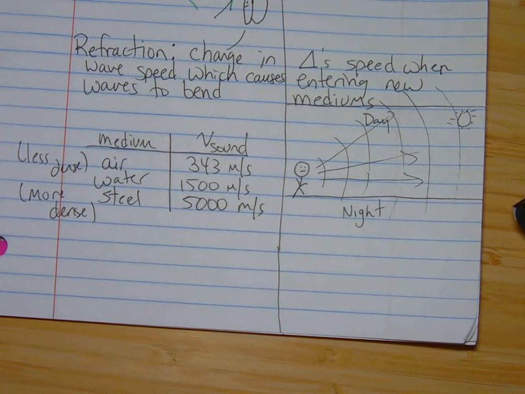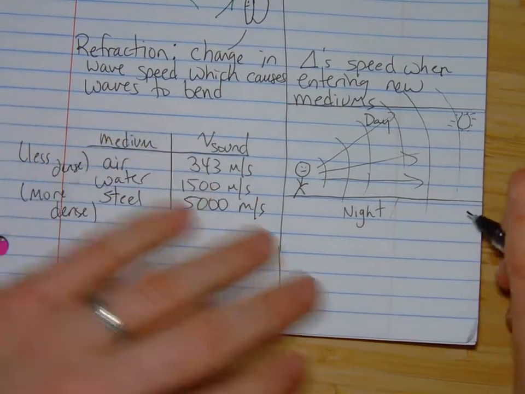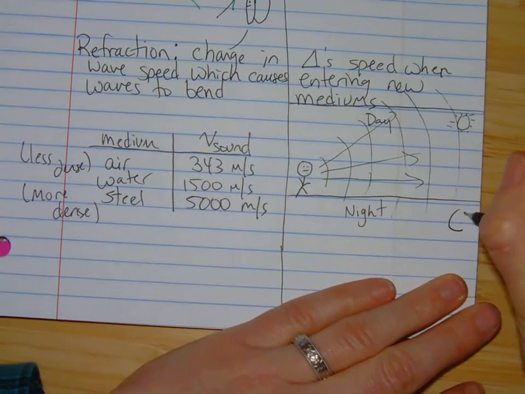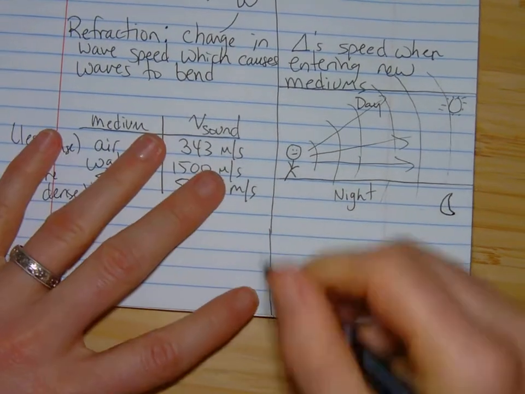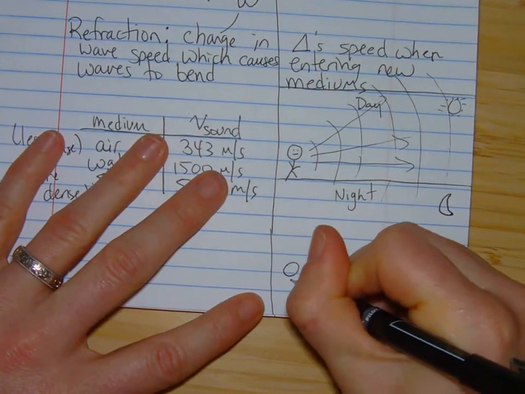If you've ever been camping or been on a lake at night or been outside when it's nighttime, you can hear everything. And part of it is, yes, there's less commotion about, but there's also some science to this. So if it's night, here, let me try to draw a moon. There we go, there's our little half moon, and you're out here at night.